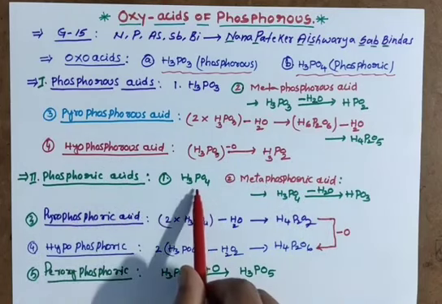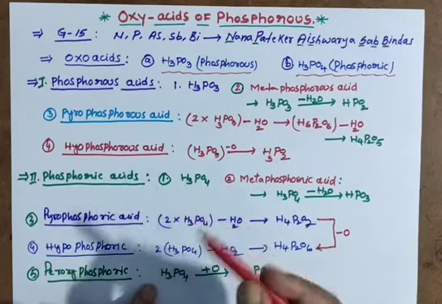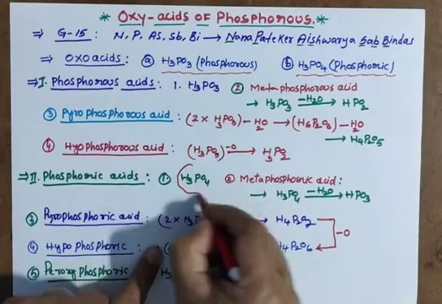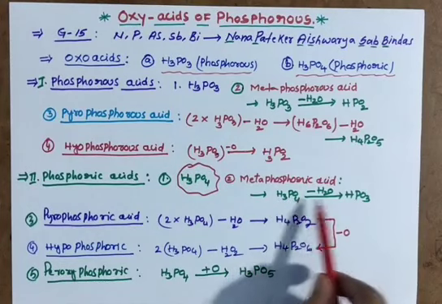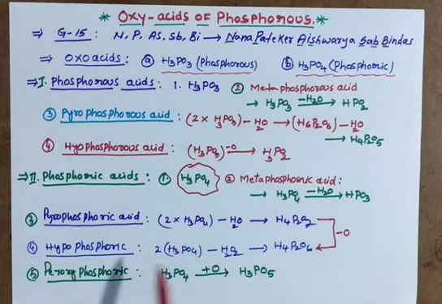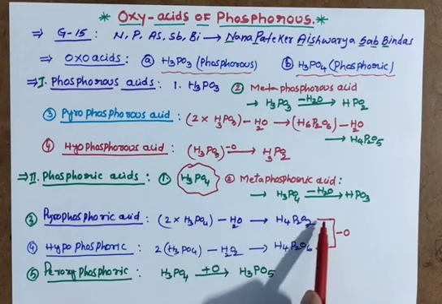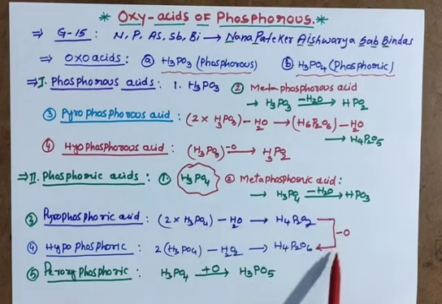Phosphoric acid, H3PO4, is the basic unit. From this, if you remove one water molecule, you get meta. If you multiply phosphoric acid by 2 and remove water, you get pyro. From pyro, if you remove one oxygen, you get hypo.